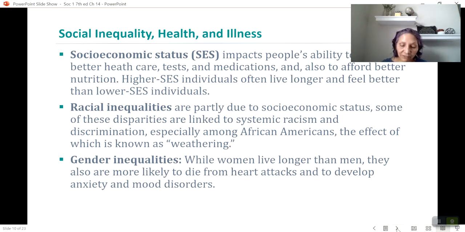And then finally, gender inequalities. We've known for a long time that gender inequalities exist in medicine. For example, early on, much of the research that was done regarding heart attacks and strokes was done on men. And early on, many of the drugs that we use to treat heart disease, the clinical trials were done using men, particularly white men.